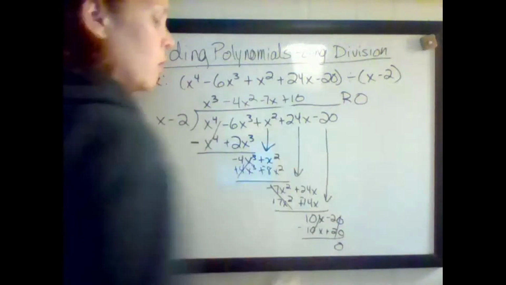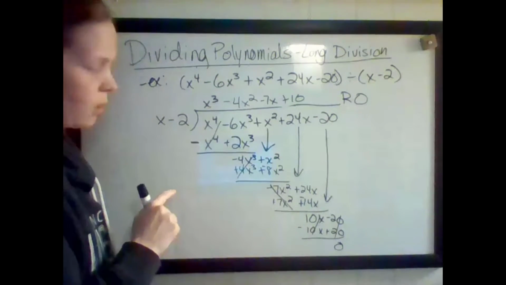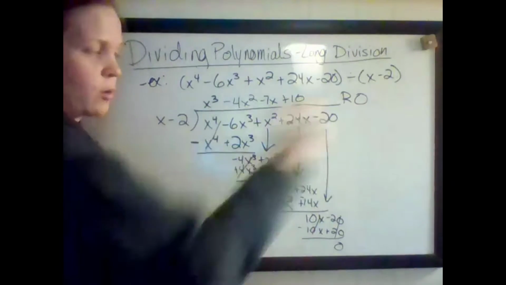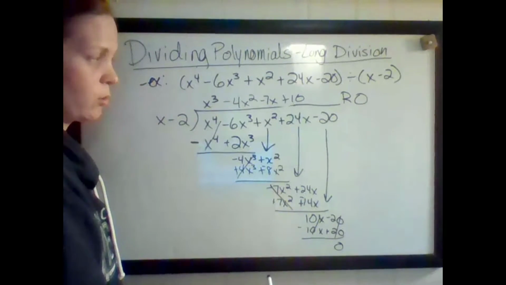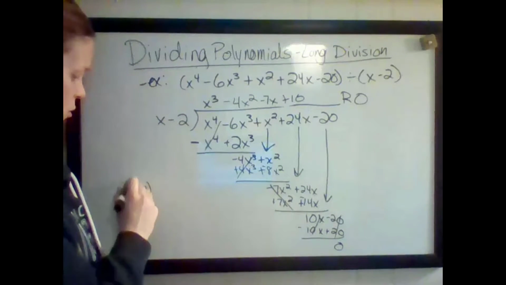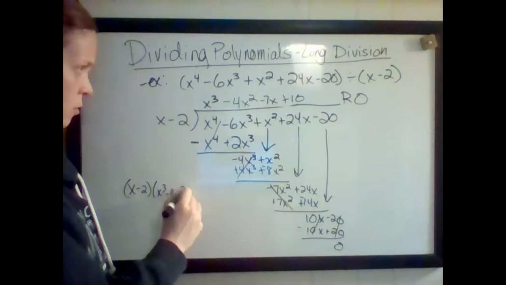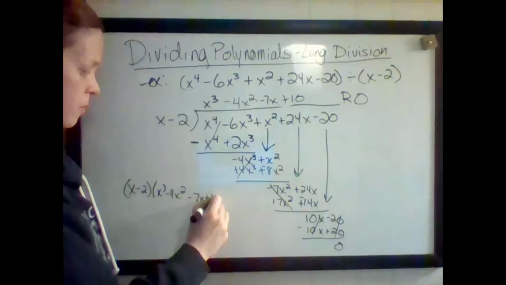So remainder of 0. What this tells us is that x minus 2 goes into this x to the 4th polynomial. No remainder, so that means it's a factor. So if we write this out, that means x minus 2 times x cubed minus 4x squared minus 7x plus 10.